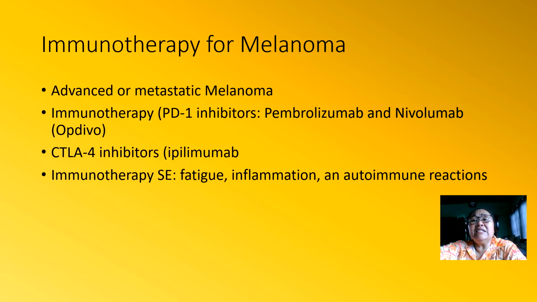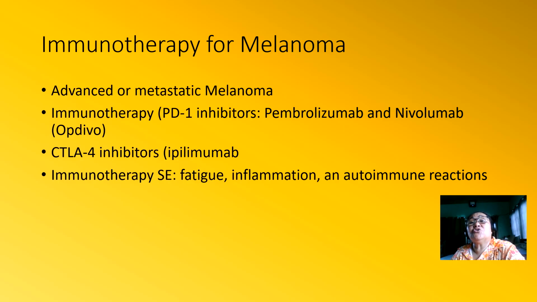The main types of immunotherapy include PD-1 inhibitors such as pembrolizumab and nivolumab. These drugs block the PD-1 pathway, allowing the immune cells to better identify and attack the melanoma cells.